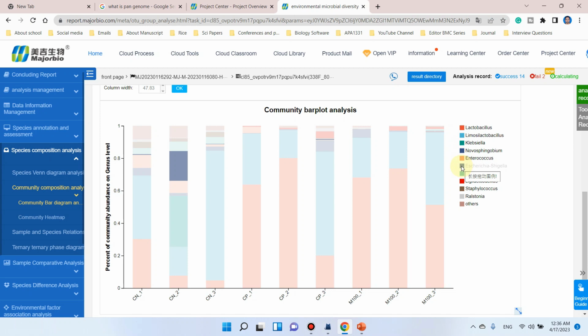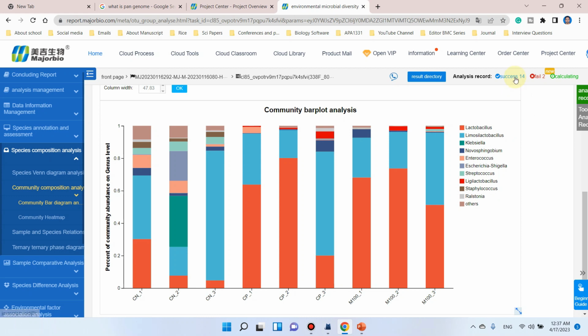Similarly, this is all only present in the control negative. And if we take the Streptococcus, you can see this is only present in the control negative. So it means that while moving from control positive to the management group, the overall quantity of all these genus level microbes is decreasing.